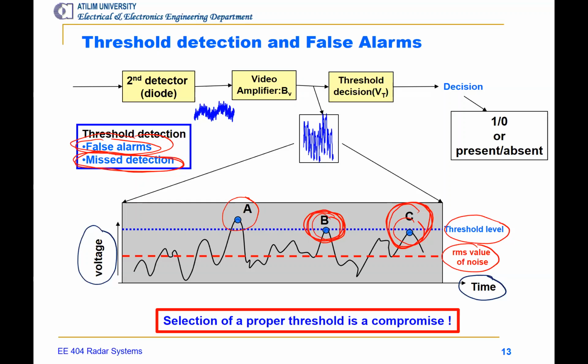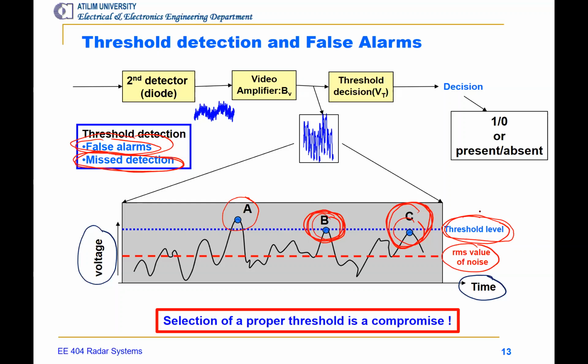We have to be careful in choosing this threshold value. If we choose the threshold value low enough, then we can report more false alarms. If we increase this threshold too much, then we'll have many misdetections.